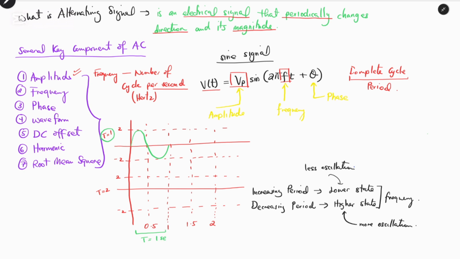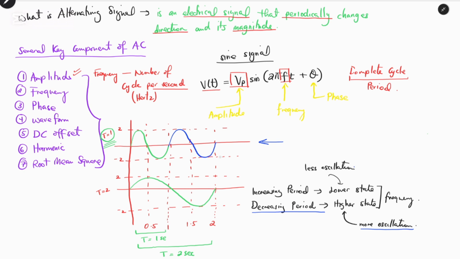And in the other case, where we increase the period to 2 seconds, now we should have a signal like this. Now let us see to have more oscillation when we have a decrease in the period. That means we are talking about this graph. You will now have a graph which corresponds to this.